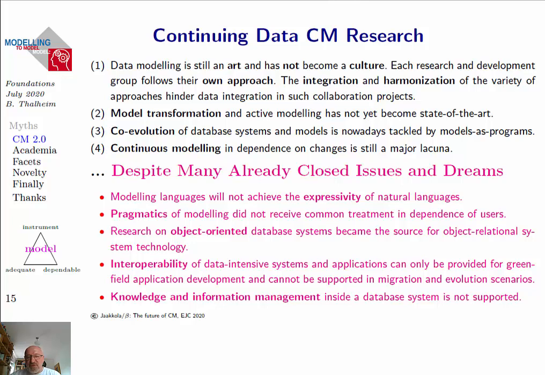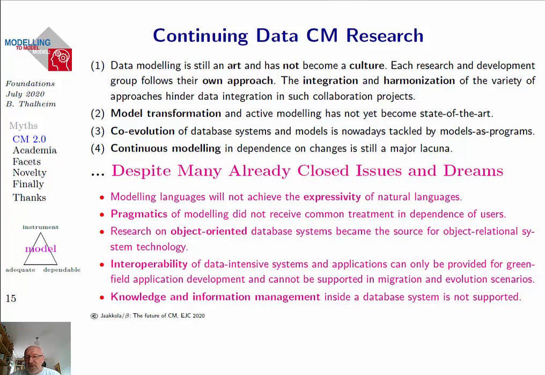Database research and conceptual data modeling research is, of course, continuing. It is still an art and has not yet become a culture. We have a lot of different approaches, and each group uses their own approach. Integration and harmonization is still an open issue for research.